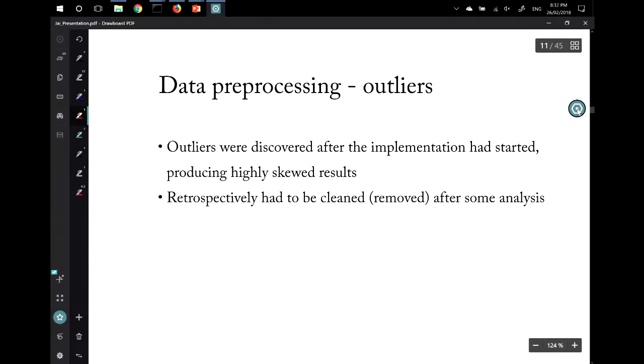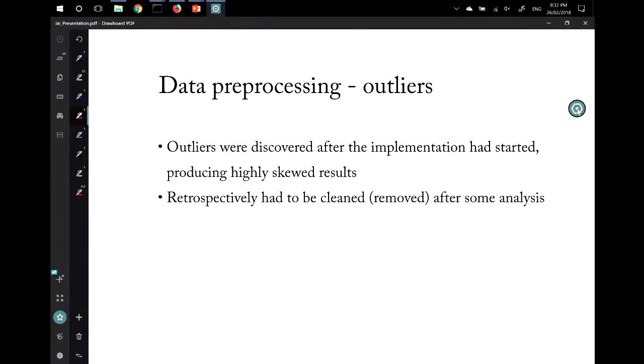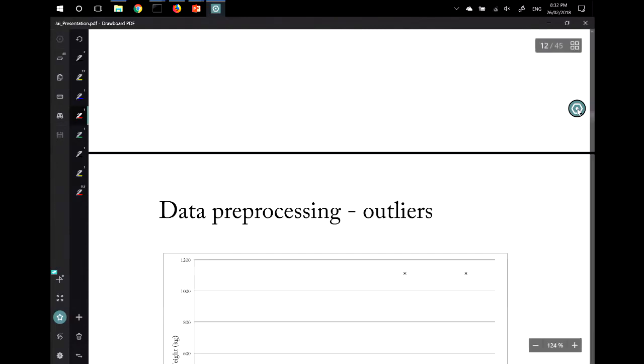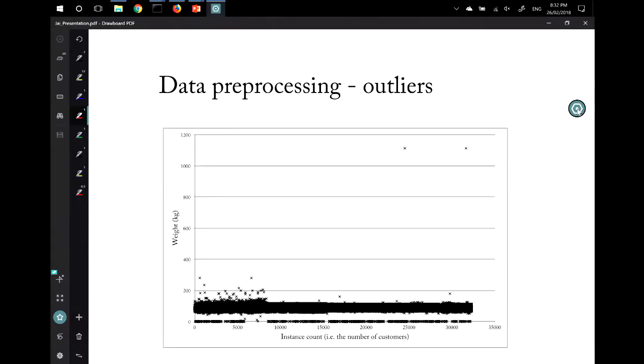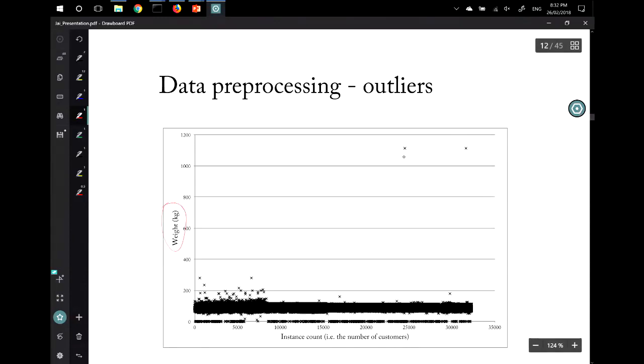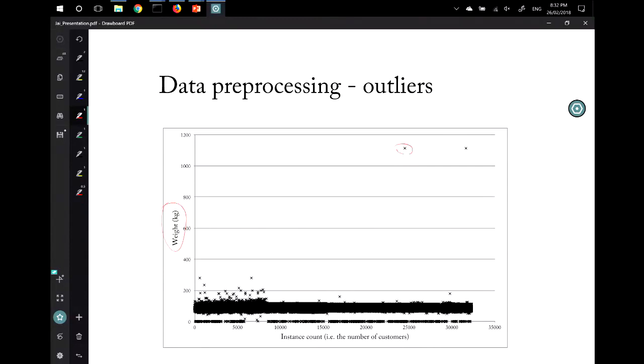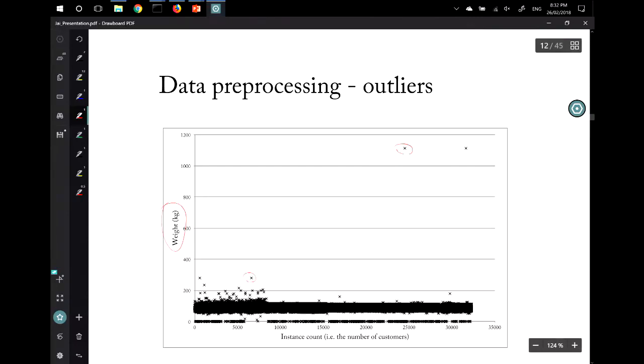And there are obviously a lot of outliers or problems. One thing you can see is the weight. Some customers report a weight of over 1,000 kilograms. This is an obvious outlier. Some of those customers actually have more than 200 kg.